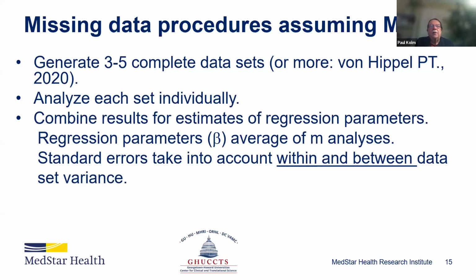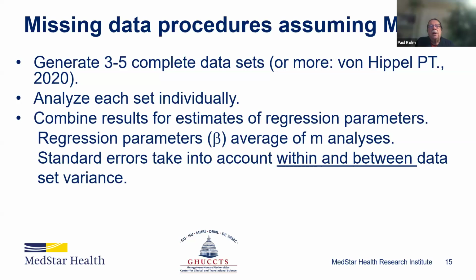So if you've done 10 imputations, then it's going to be the average of all those beta coefficients divided by 10.